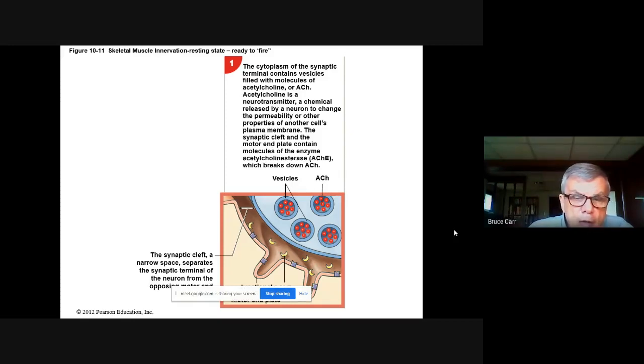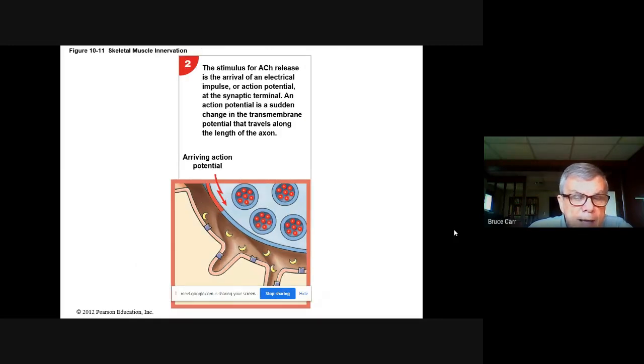So here we are at rest, and all of a sudden, here comes an electrical impulse, a nervous impulse down the membrane. We call that nervous impulse an action potential because it is actually a measurable electric disturbance. The voltmeter would jump and the ammeter would jump as this travels across the nerve membrane.